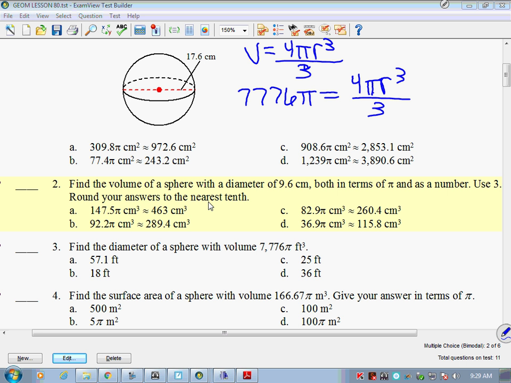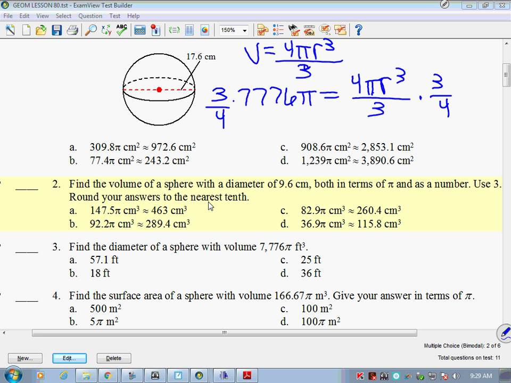Divide. Okay, I got somebody who says divide. Divide by what? Divide by 4/3. Would that be this? Can I divide by a fraction? Multiply by the reciprocal. All right, so you're going to multiply by what then? 3/4. So multiply by 3/4.